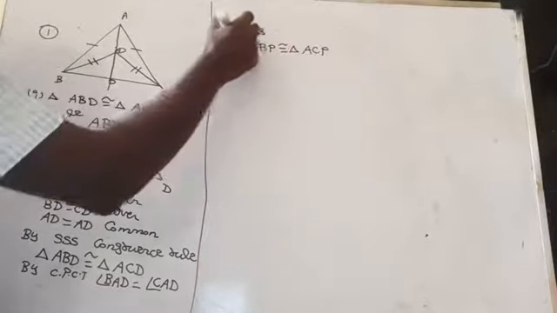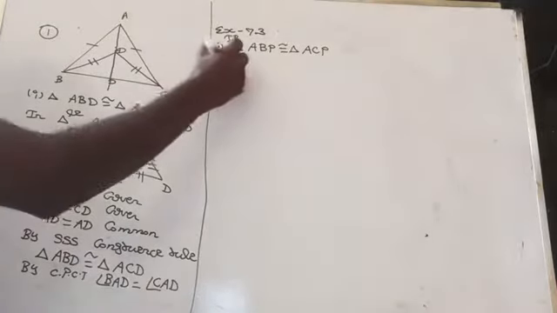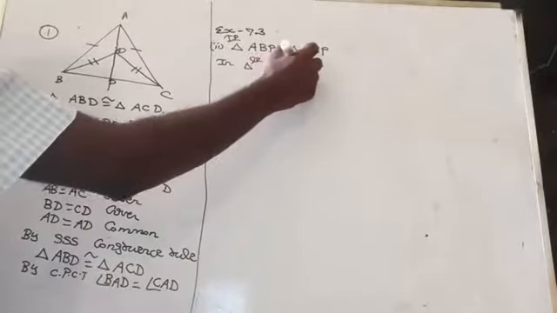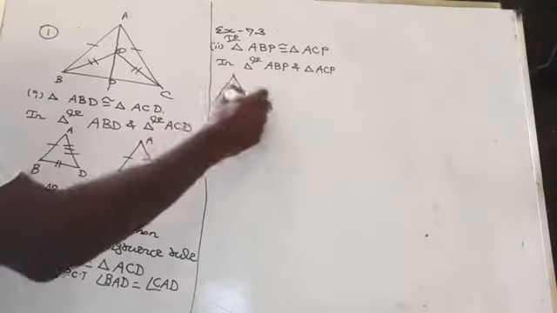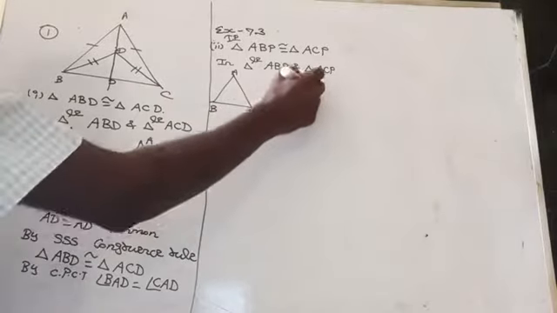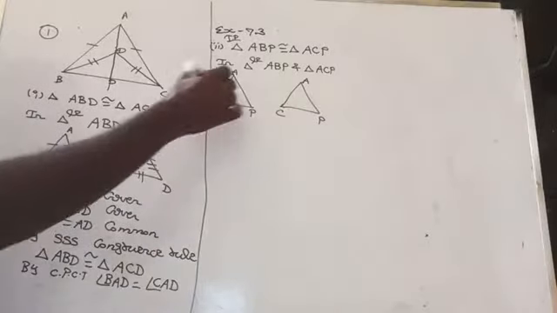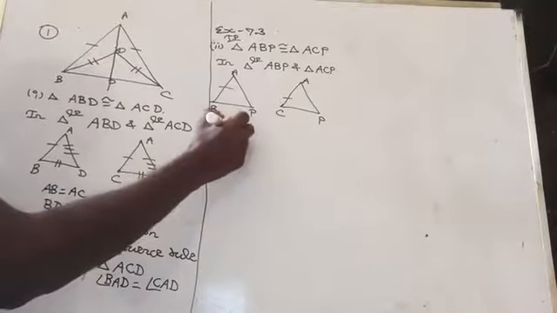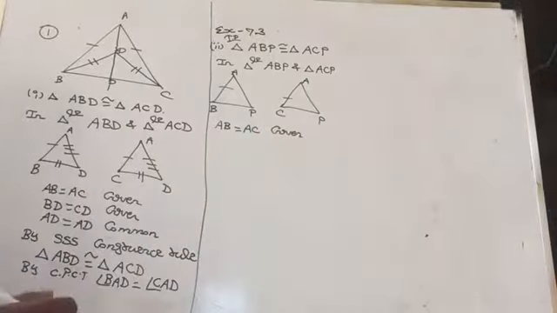Now consider these two triangles, ABP and ACP. AB equals AC, it is given. Already it is given that ABC is an isosceles triangle, so AB equals AC.